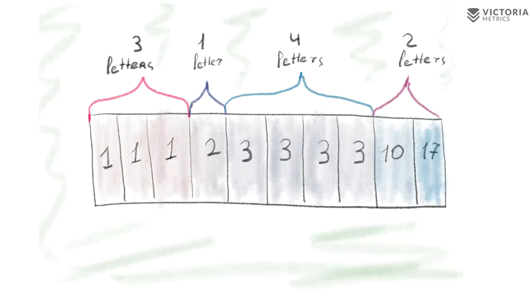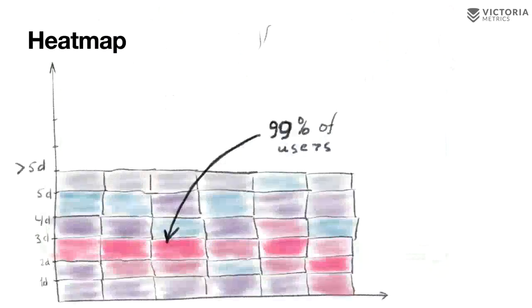So if you can find a nice bucket size, you can aggregate data over time because it's a really simple operation. And you can build nice heat map graphs with all this data, where the color represents how many letters were delivered in some specific range of time.